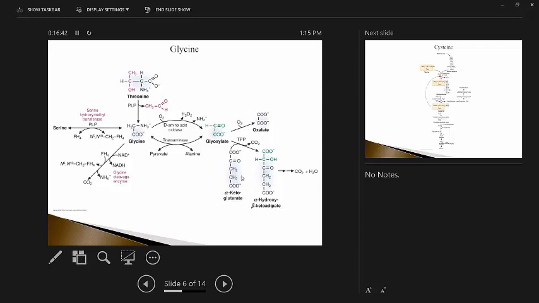The problem with oxalate is that it can precipitate out in your kidney and cause urinary stones. If you wanted to avoid foods that were high in oxalate, what could you think about? You may not know this, but it's important for you to know. Spinach is filled with oxalate.